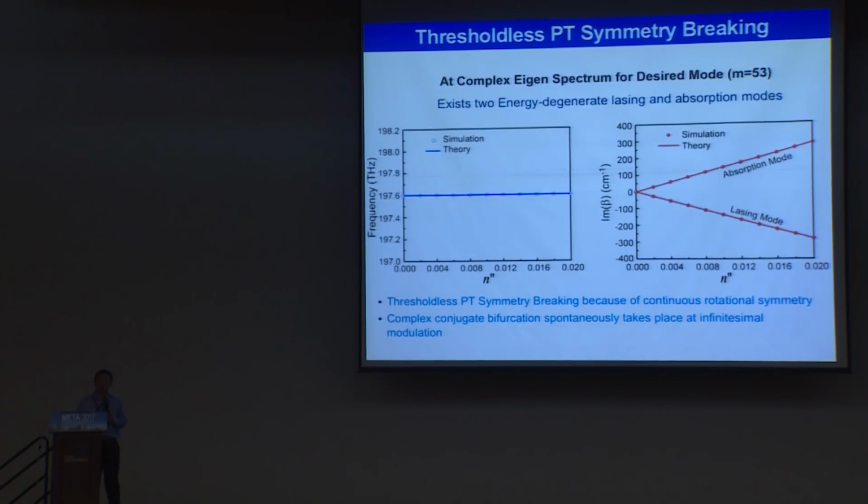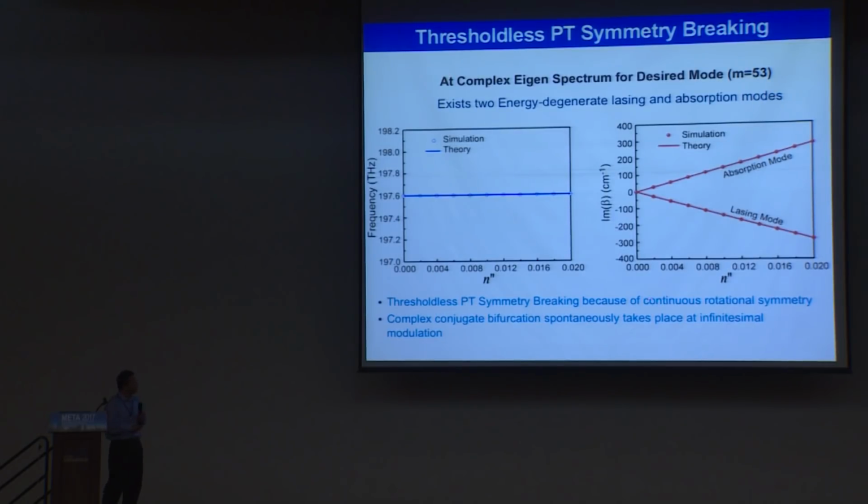One of the interesting things is that the symmetry breaking occurred right at the zero point of the modulation. Give a tiny little bit of modulation, and you start to have symmetry breaking.